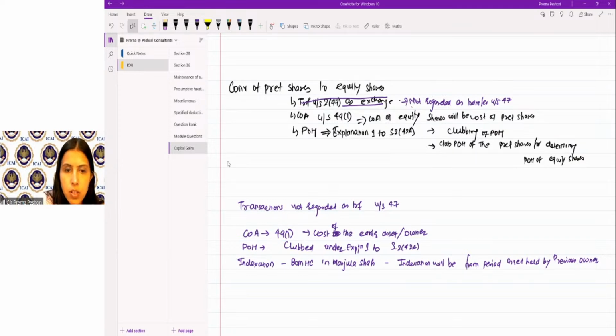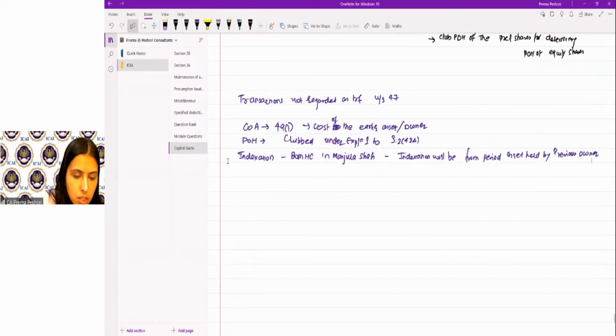You can write down: redemption of preference shares, transfer under section 2(47), Anarkali Sarabhai case.